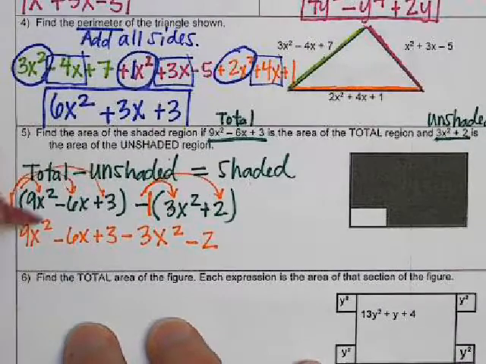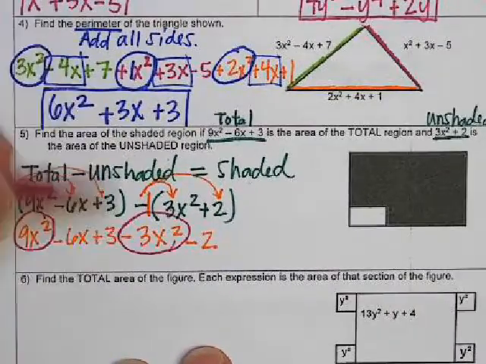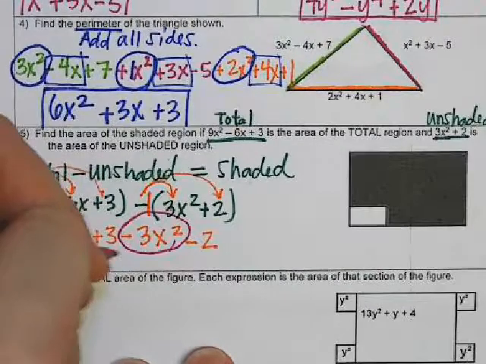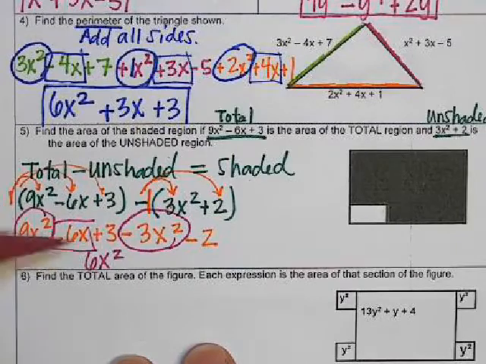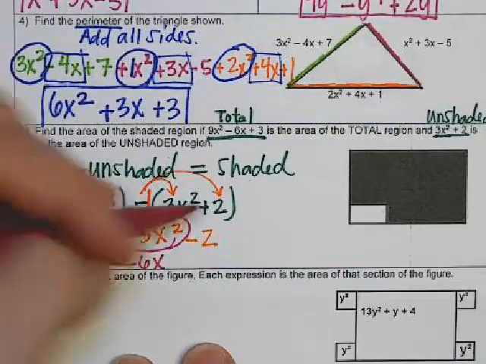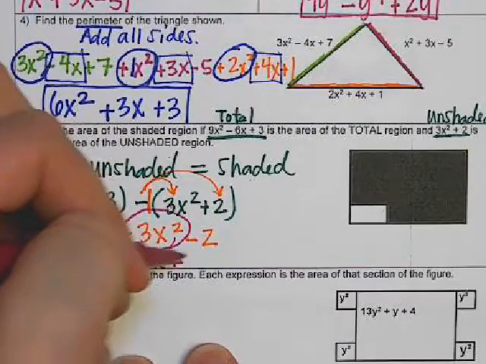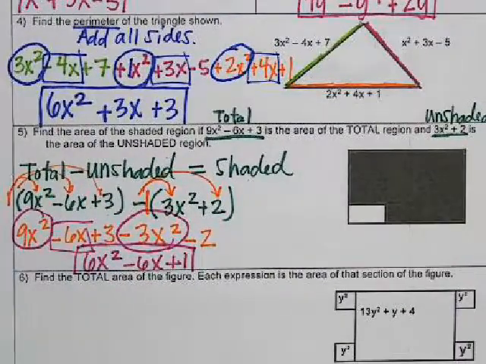Combine your like terms. 9x squared goes with -3x squared, and I get 6x squared. Does -6x have a like term? No. So it just gets brought down. And 3 and -2 gives me +1. So if you have a minus problem, you got to put them in parentheses.